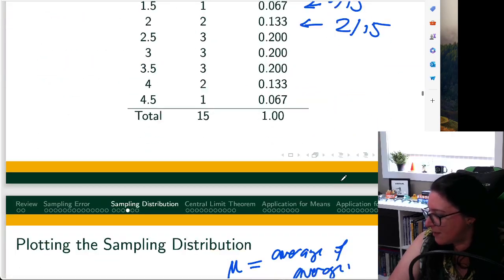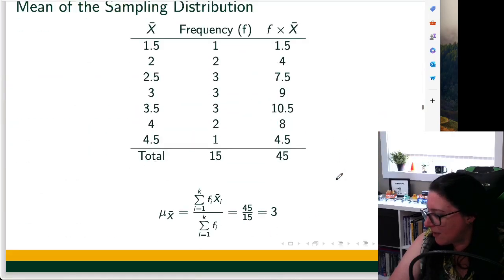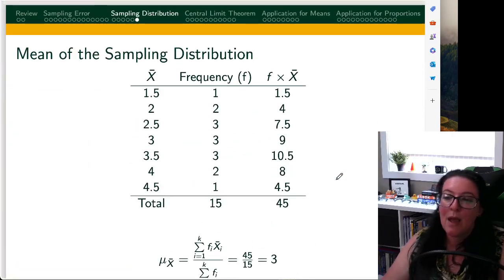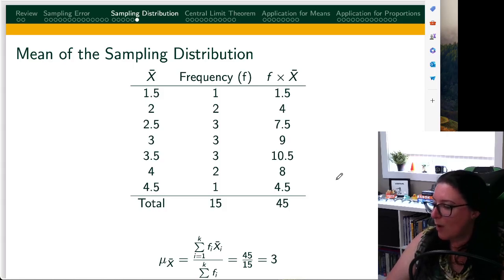All of this that you see here is just doing the same thing, but from the frequency distribution table, where it said there was one family at 1.5, so 1 times 1.5 is 1.5. There were 2 families with an average size of 2, so that's a total of 4.